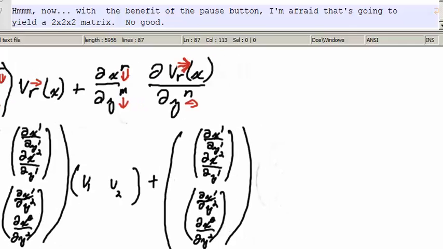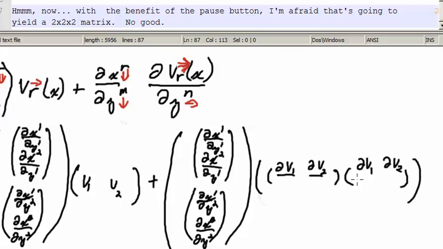So the double right over the right is going to look like two little right-hand matrices inside a larger right-hand matrix, which would be del v sub 1, del v sub 2, del v sub 1, del v sub 2, and then the single right is going to be del y1, del y2, del y1, del y2.